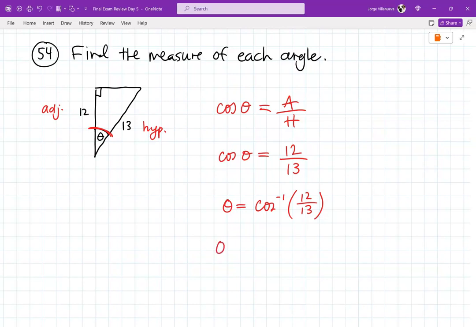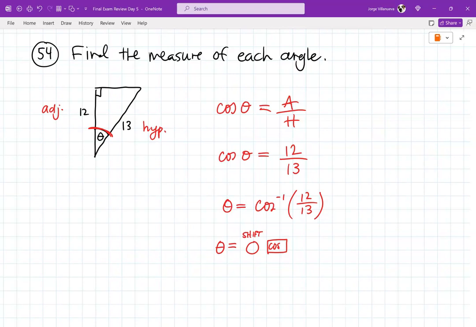So I'm going to put it right here, like I did the last time. You're going to press shift, then cosine. That's going to give you cosine inverse. Let me check. Shift cosine. Yeah, it automatically throws a parenthesis in front.